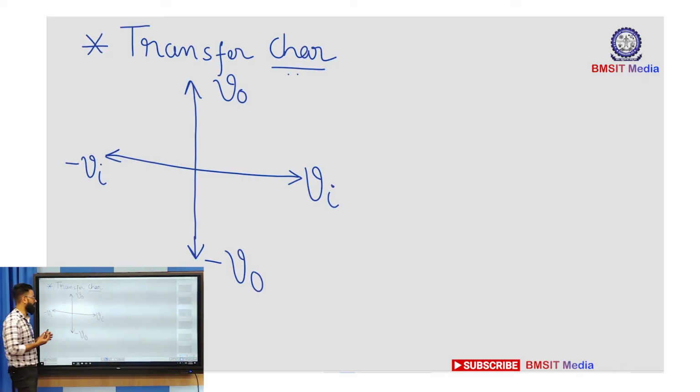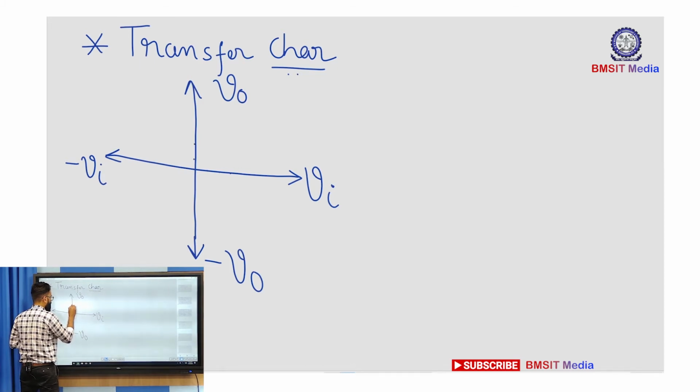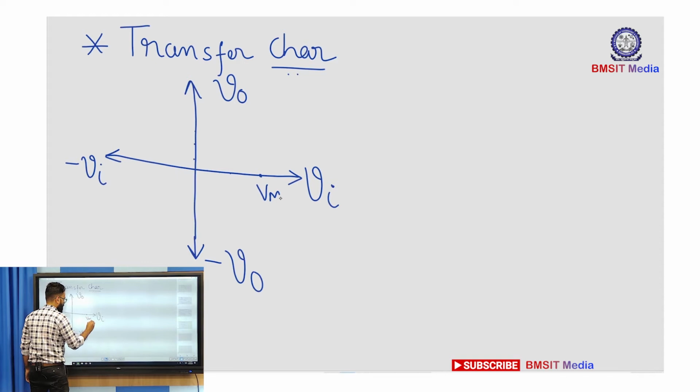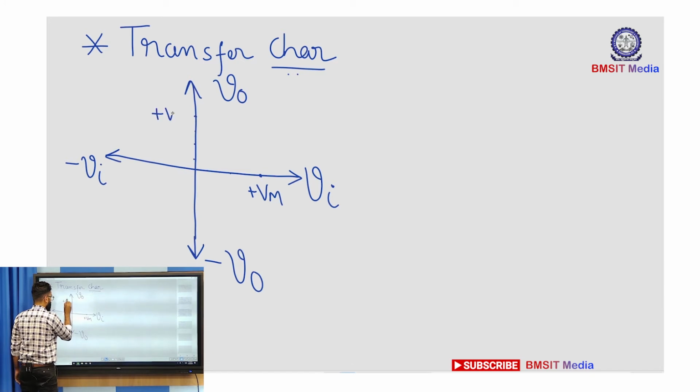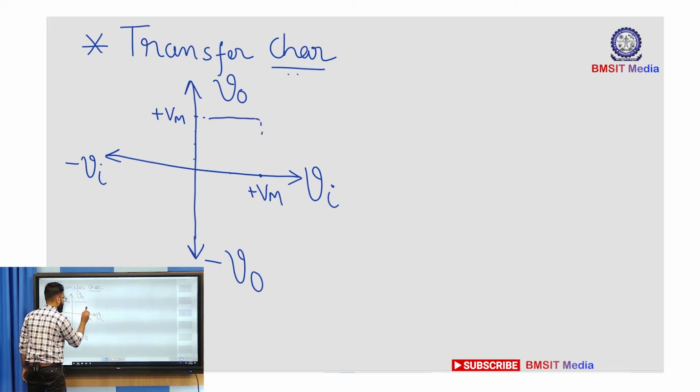So that means to say, as the input starts increasing, the output is also increasing in nature. So when the input attains plus Vm, the output was also at plus Vm. So basically you will get a straight line.